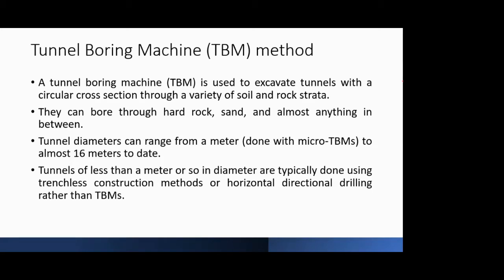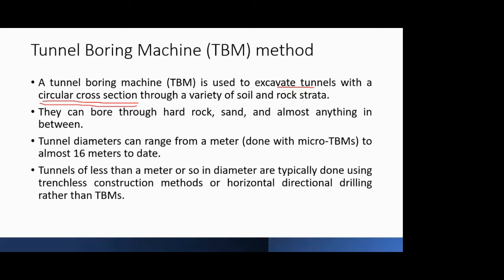And what it is actually, so it's a machine which is used to excavate the tunnels, and generally the cross section is circular because the machine itself is circular in shape. We'll come to the photographs later. So this I had discussed when we were seeing the topic of classification of tunnels based on the shape.